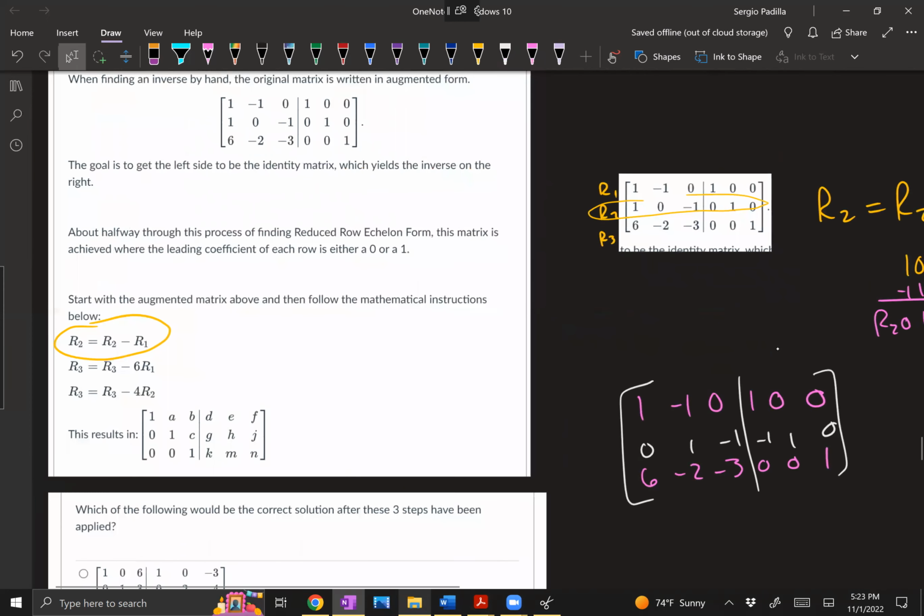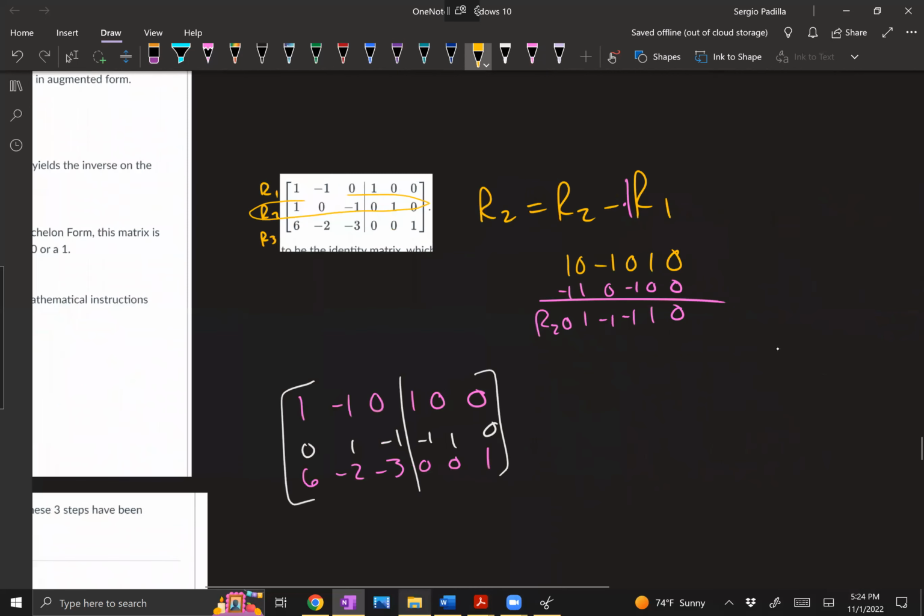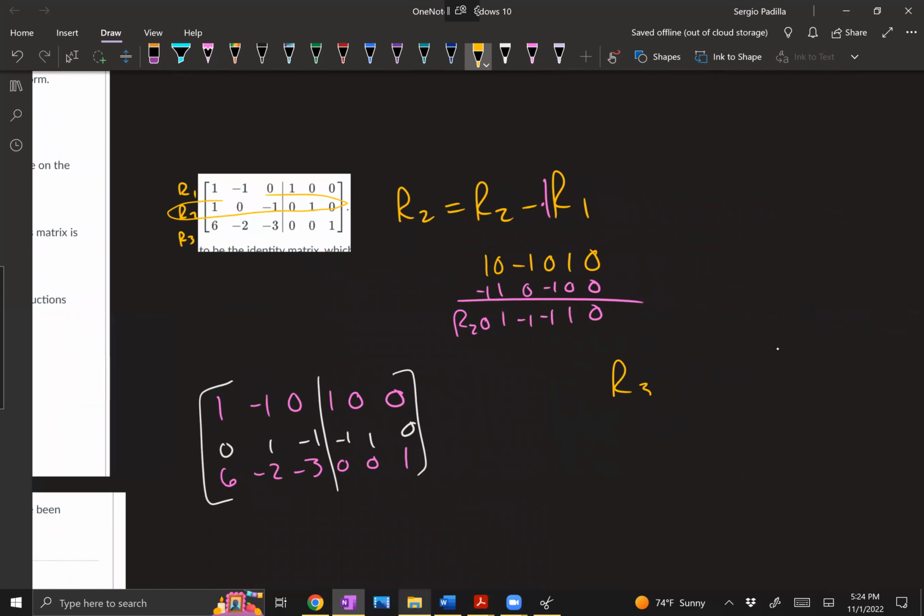I don't want to go through all of this, but we'll try to do as much as we can. The next one would be to do row 3. We're going to change row 3 by doing row 3 minus 6 times row 1. So row 3 is equal to row 3 minus 6 times row 1. We write out row 3, which is 6, -2, -3, 0, 0, 1.